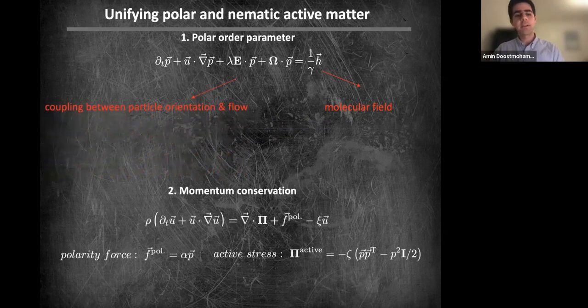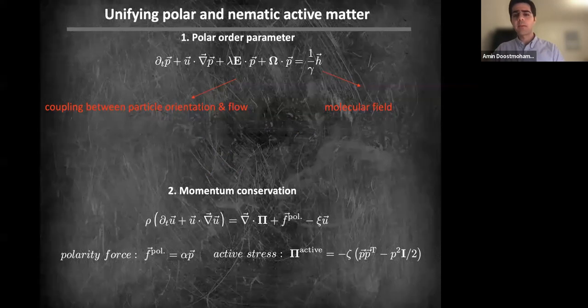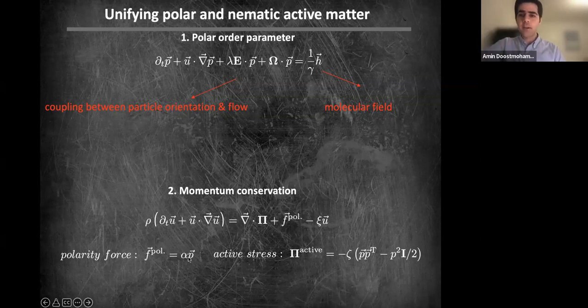This is coupled with the momentum conservation, and one can include a polar force like this. So we have a force along the polarity direction, and of course the friction can also be included here. And the active stress again has to have the tensorial form that can be built from the polarity.